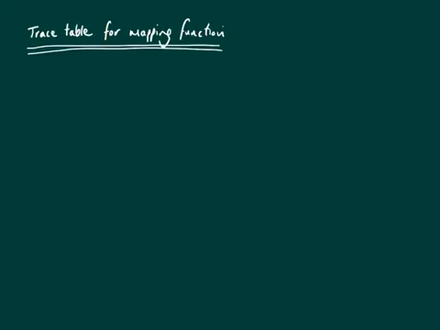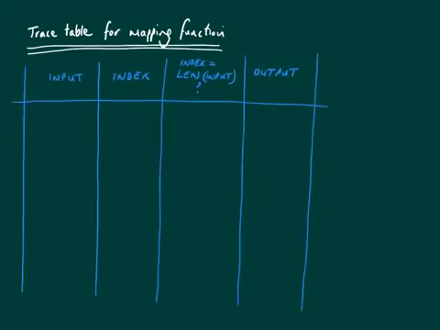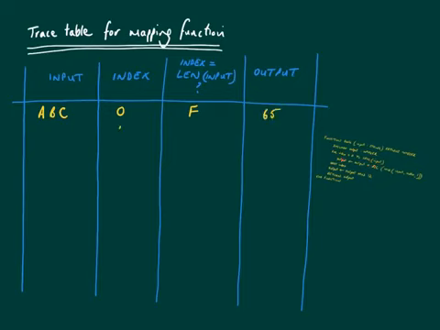It's sometimes nice to visualize this as a trace table. So if we look at the algorithm from the previous page, and we use an example ABC as our input string, let's go through it. We're setting index to 0, and then we're checking to see if it's reached len input. It hasn't. So we will add to output the ASCII value of A, which is 65.